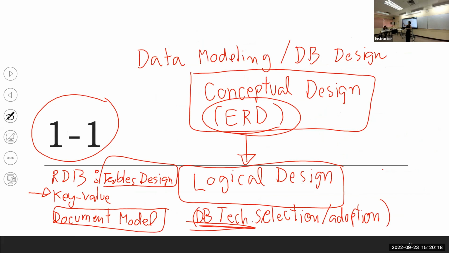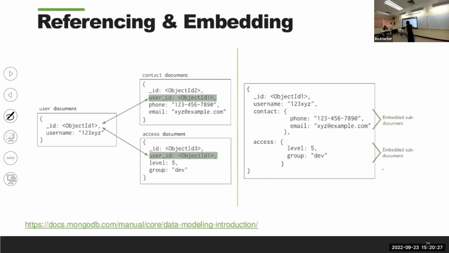If the relationship is a one-to-one relationship between an entity and another entity, this is an example.